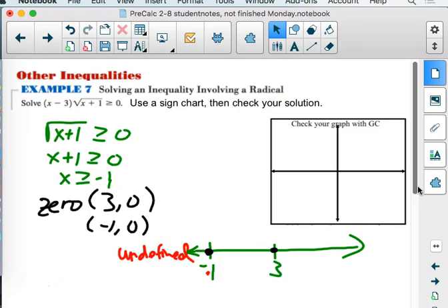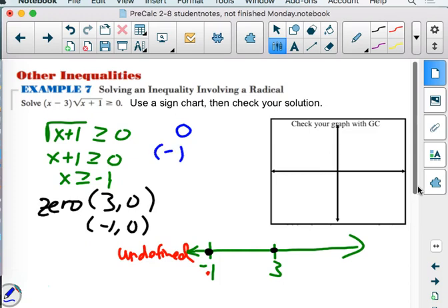So between negative 1 and 3, give me a nice number you'd be willing to use. 0. 0 minus 3, that's going to be negative. 0 plus 1, the square root of 1, that'll be positive.